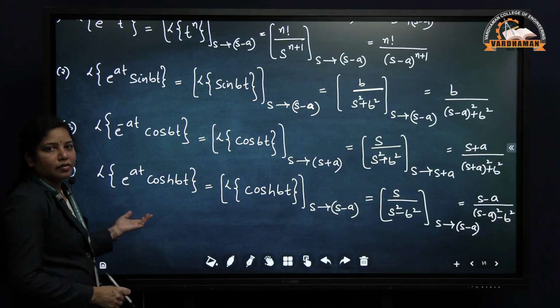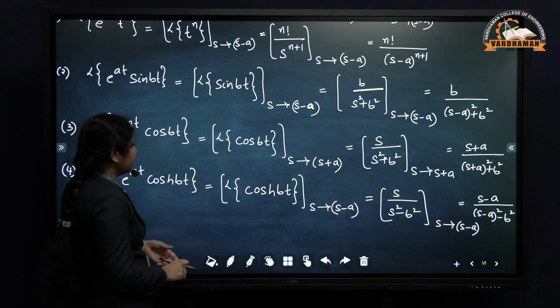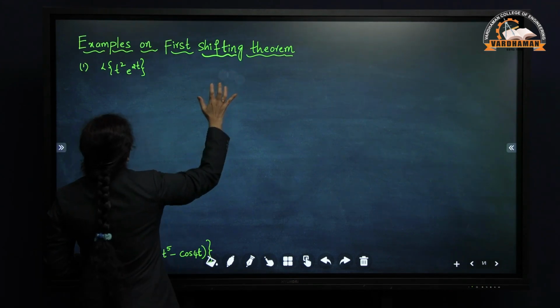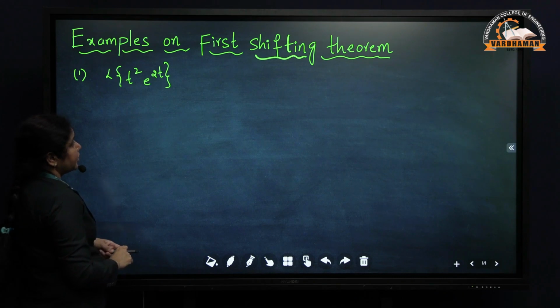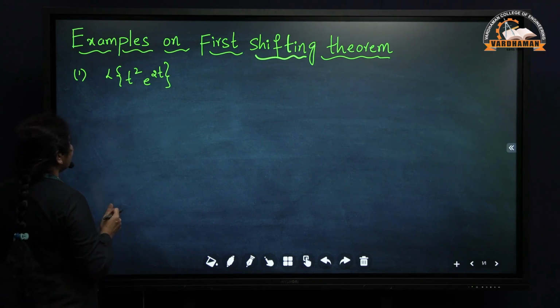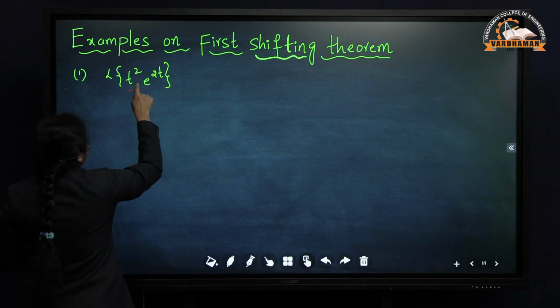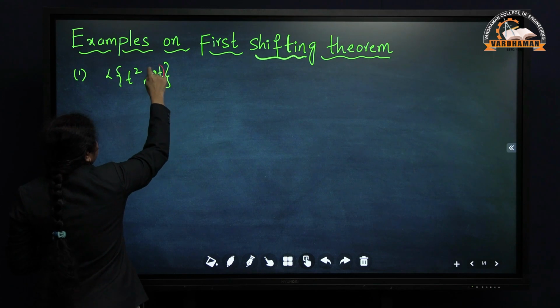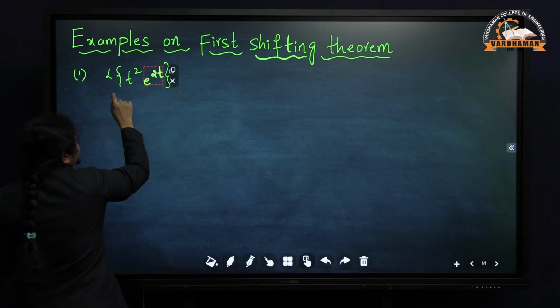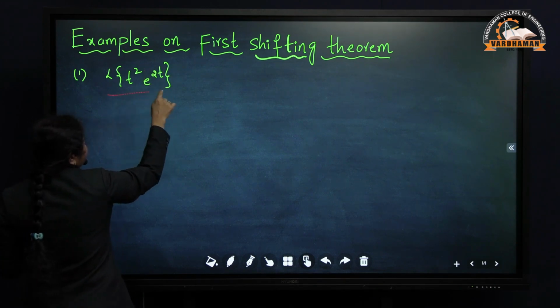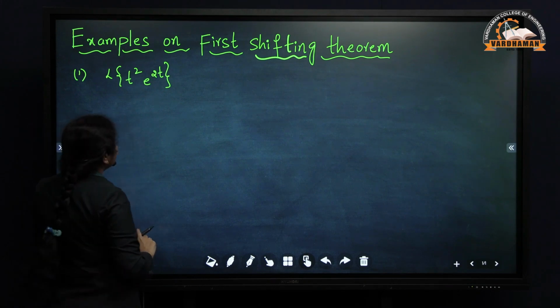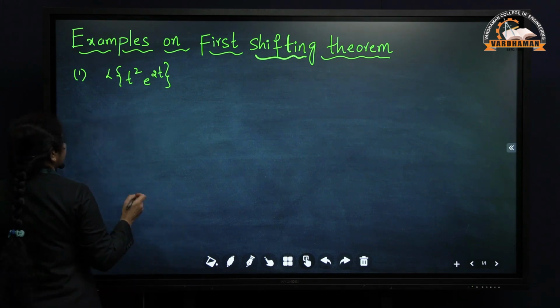These are a few applications of the first shifting theorem. Now, examples on the first shifting theorem. The first example is the Laplace transform of t square e power 2t. In this example, the function f of t, that is t square, is multiplied by e power 2t. To find the Laplace transform of this function, we have to apply the first shifting theorem.